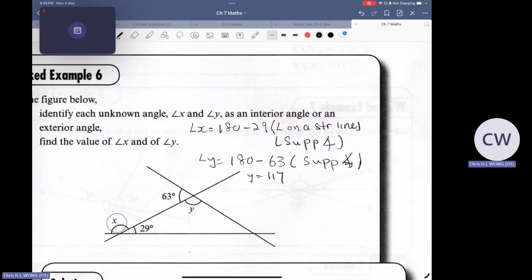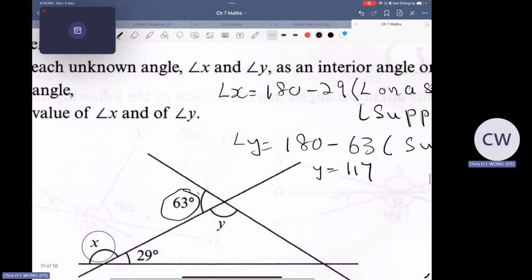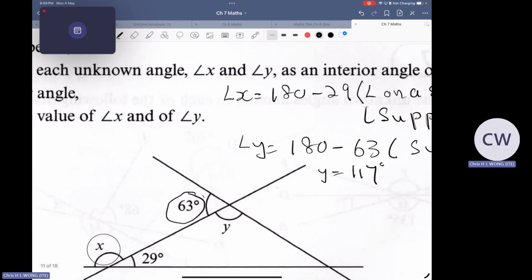I need to stress something else. Can you see there's a little circle there? The circle is called degree. So if you take 117, sometimes it is good to write 117 degrees, put a small zero there. I don't think they will deduct marks if you don't, but to be safe, put it. The number is actually in degrees.